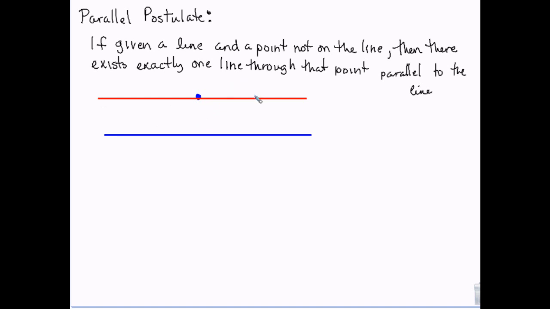Only one. Any other line I would try to draw through that point would not be parallel. It would intersect somewhere. That's the parallel postulate.